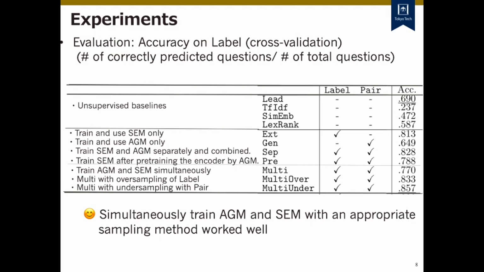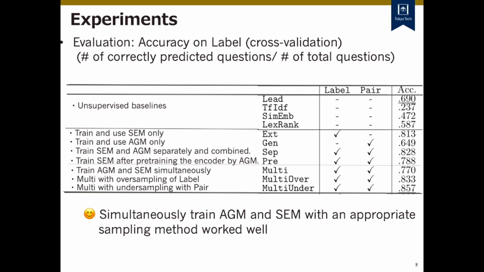For the experiments, we compared several methods for training our framework. The performance is measured by using the accuracy on label dataset. We calculated the accuracy as the number of correctly predicted questions divided by the total number of questions in the validation dataset.